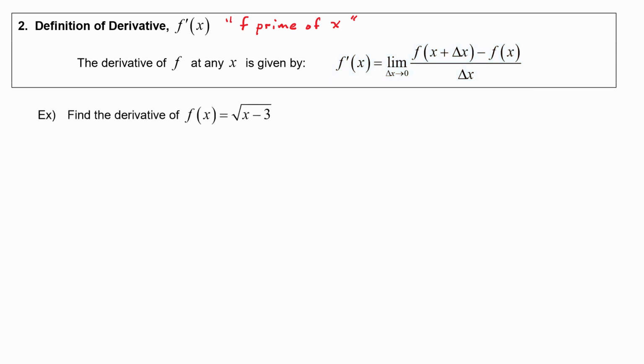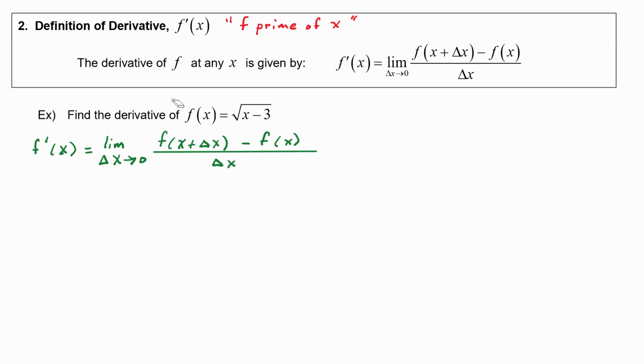In this example, find the derivative of f of x equals radical of quantity x minus 3. We know that f prime of x is the derivative, and it is defined to be the limit as delta x goes to 0 of f of x plus delta x minus f of x over delta x.